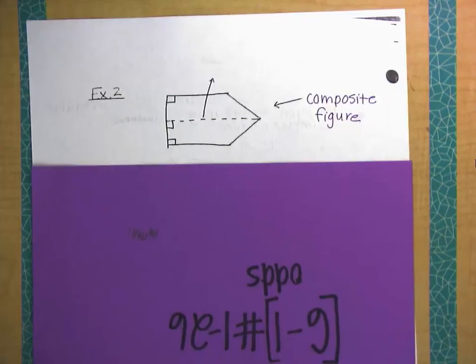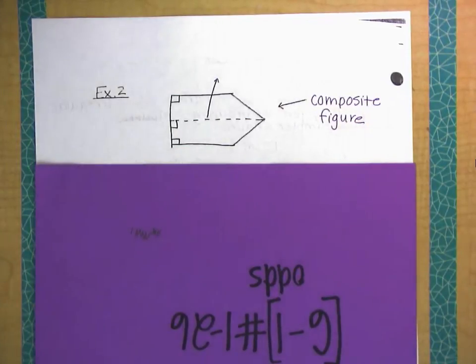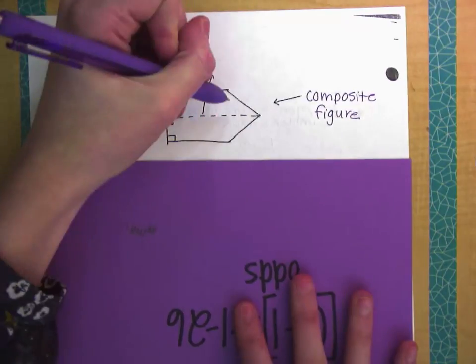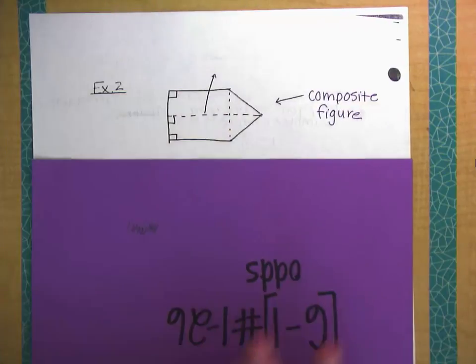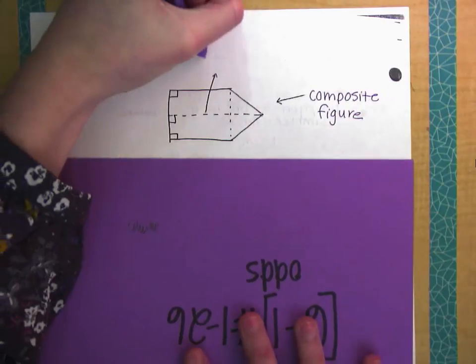So there's my composite figure. I agree that it does look like a rectangle and a triangle got smushed together, because if I do a dashed line right there, I can see those two shapes that have been put together. Okay? All right, so let's put some measurements on this thing.